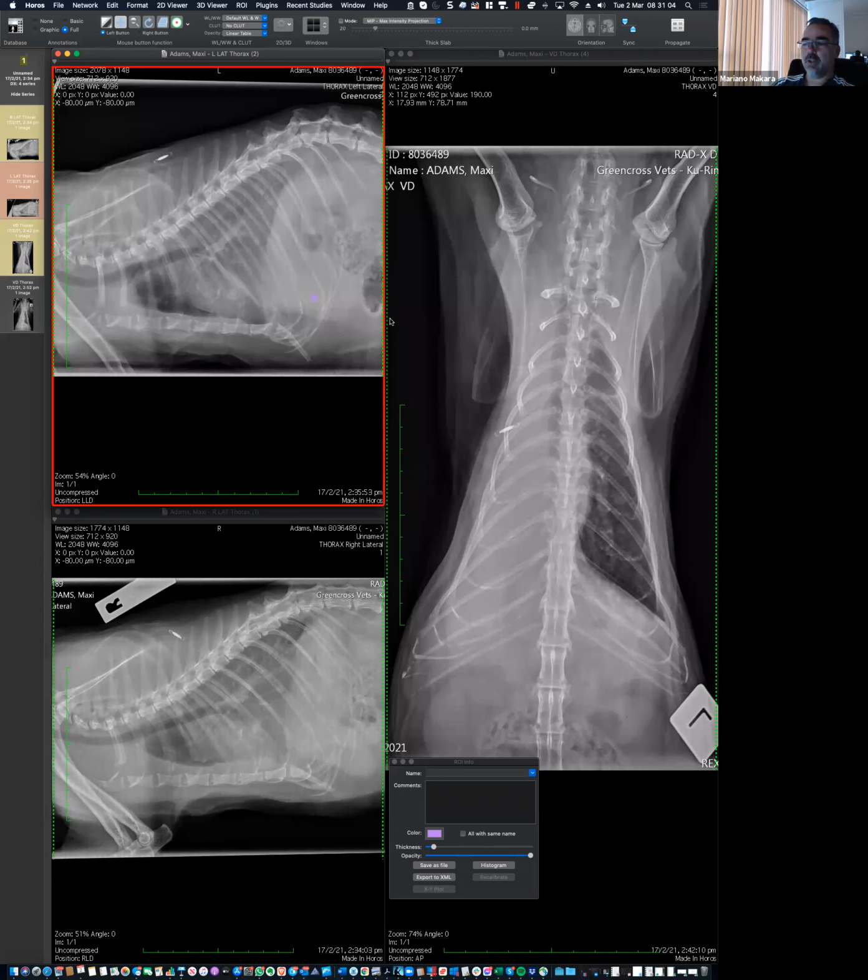Makes sense? So you may have the right caudal more affected than the left, but it would be very unusual to have the right cranial as severely affected as the right caudal. Makes sense? So the distribution is really not there for edema, for example.